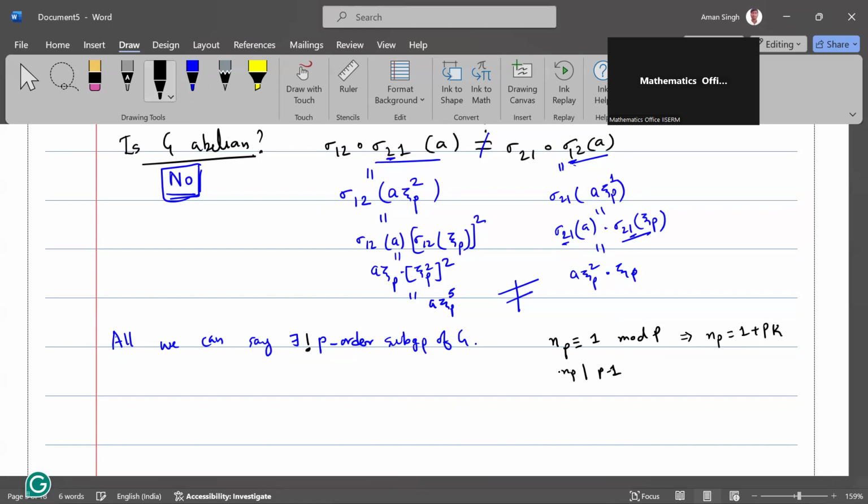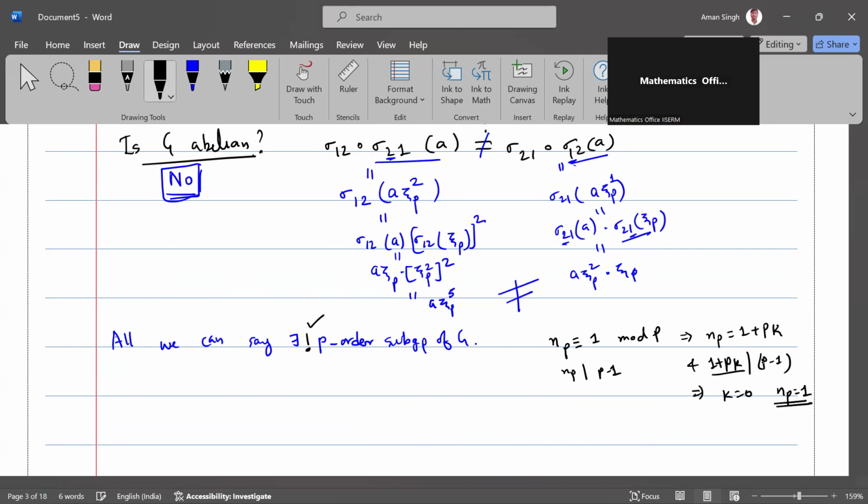And 1 plus pk divides P minus 1. This implies k should be 0, because otherwise this will be bigger than P minus 1, so n p is equal to exactly 1.